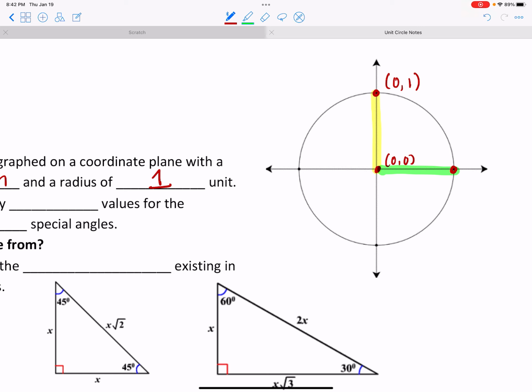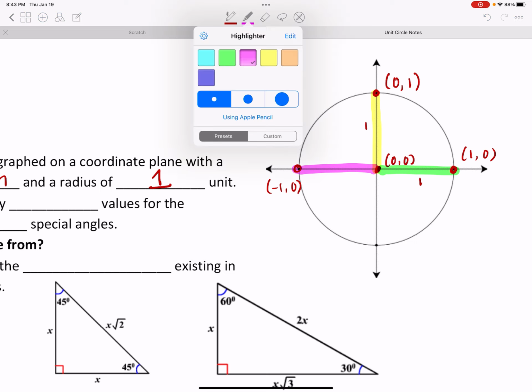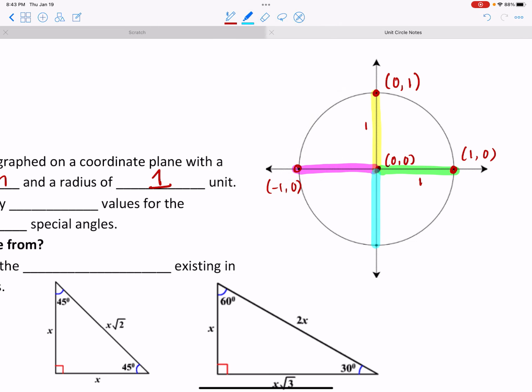Again, that's a radius length of 1, so this time we're going to go over 1, but we're not going up, so the coordinates there would be 1, 0. Or if we go this direction, then the coordinates here, again, radius length of 1, would be negative 1, 0. And then if we went down, radius length of 1, then the coordinates here would be 0 and then negative 1.